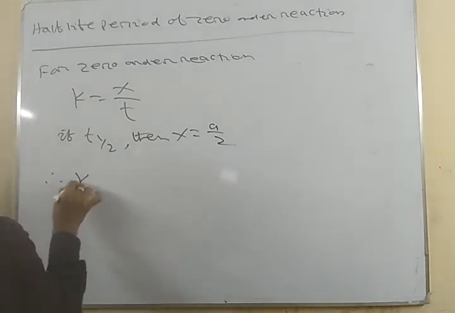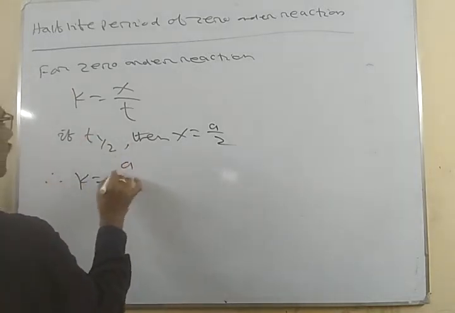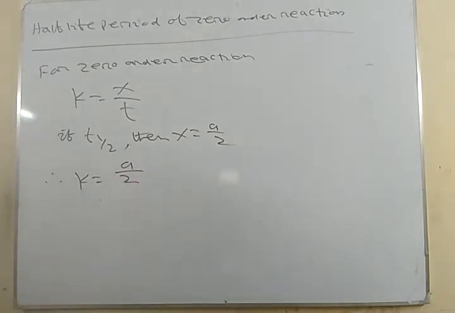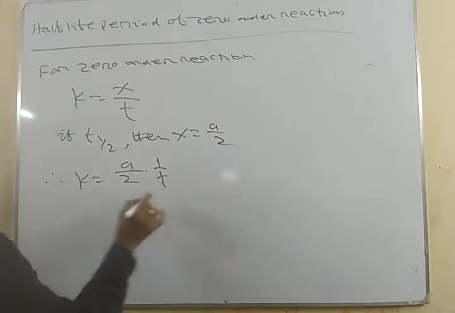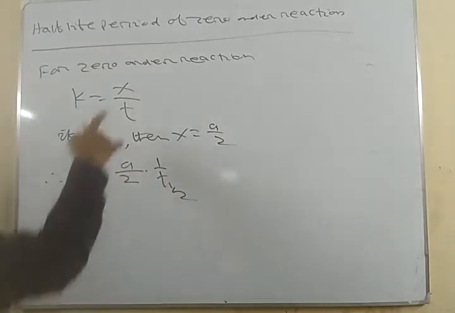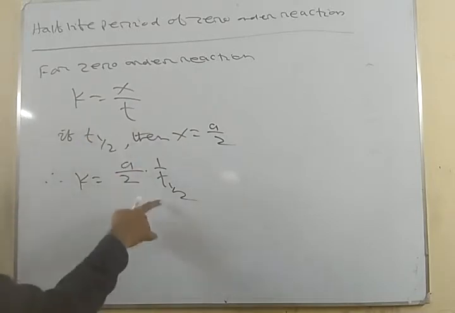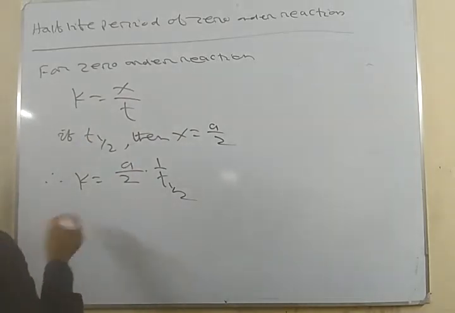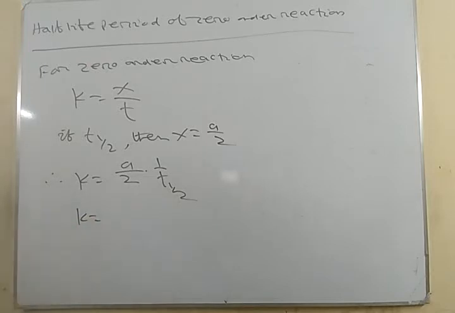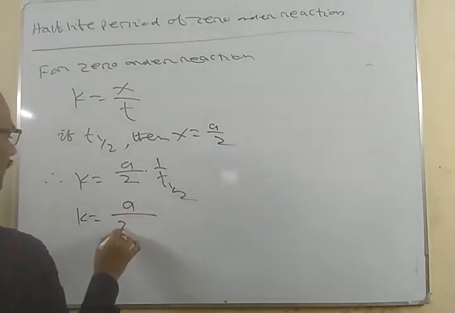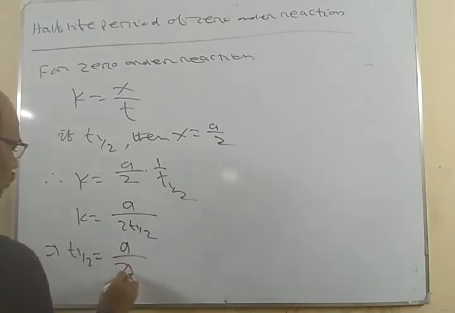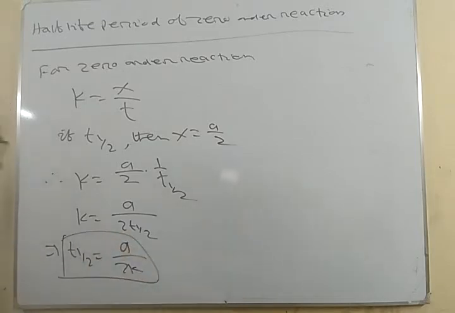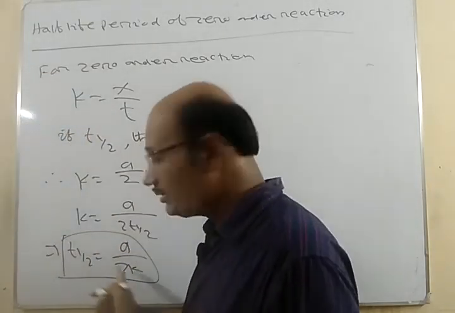Therefore k equal to (a by 2) by t half, or simplifying, t half equal to a by 2k.